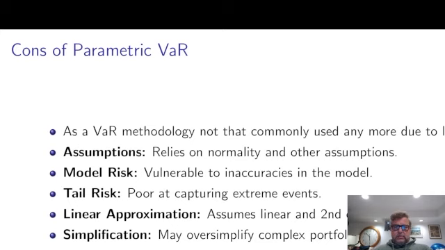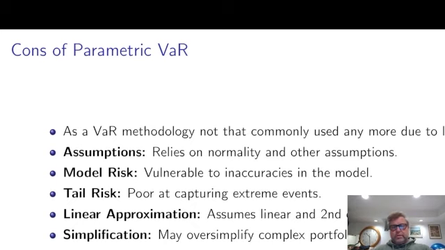Now, cons. There are kind of serious cons, especially in internal risk management. This normality assumption is not really a good assumption, that you can just, based on your mean and volatility, calculate VaR. So you're vulnerable to inaccuracies in the model.